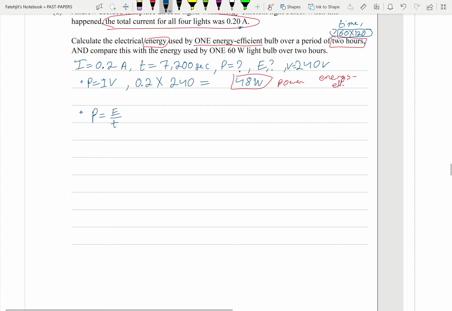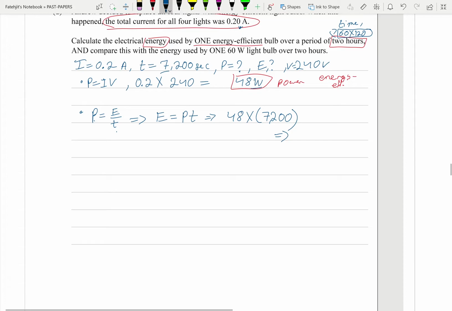After that, the second equation that comes to mind is P equals E over T, because it has pretty much everything we need. It has the E we're trying to find, it has P which we have, it has T which we have. Rearranging for E, the energy, gives us E equals P times T. Therefore, 48 watts times 7,200 seconds.